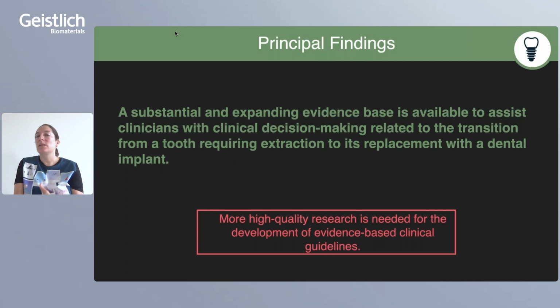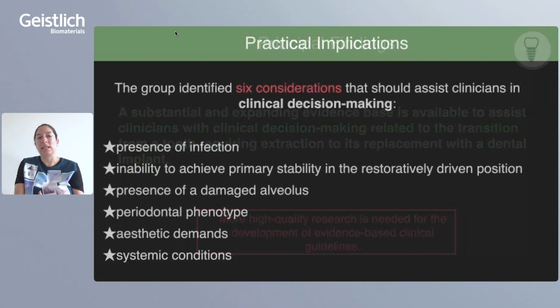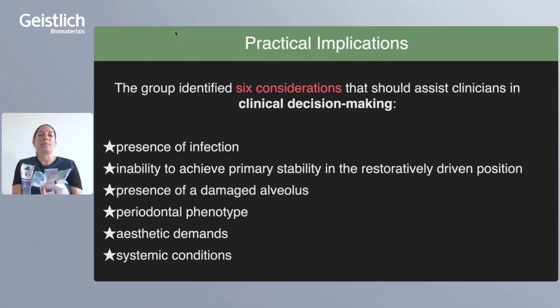But as we hear all the time, also regarding this topic, more high quality research is needed in order to have better evidence-based clinical guidelines when having to decide when to extract the tooth, what to do, and when to place the subsequent implant.